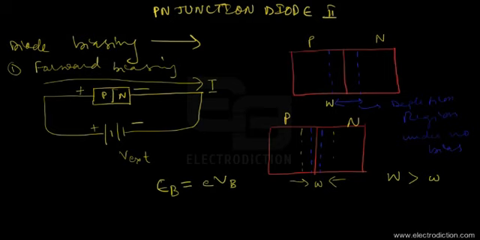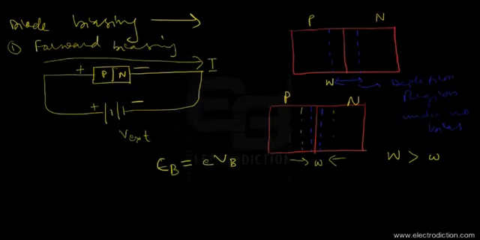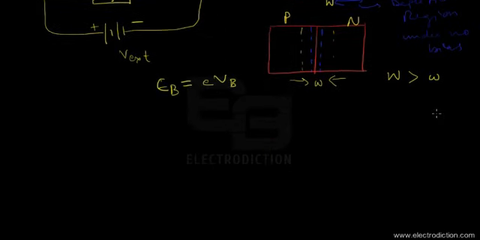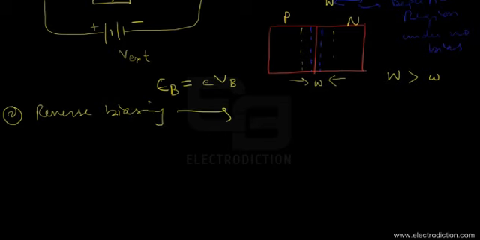Now what happens in case of the other type of biasing? So here we have the other type of biasing mode that's known as the reverse biasing mode. In case of reverse biasing mode, just the opposite happens. So if this be our P-N junction diode, it is connected in just the reverse way in which the forward biasing is done.